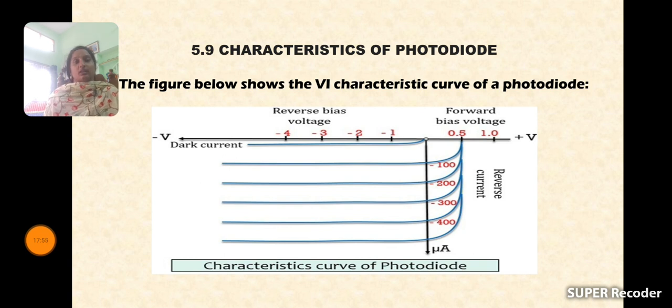If the curve is drawn between voltage and current, then this is called the VI characteristics of photodiode. With the increase in the voltage, the current must increase.